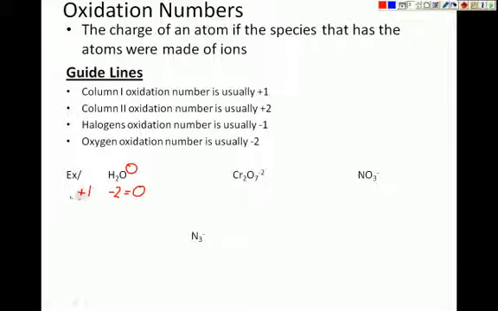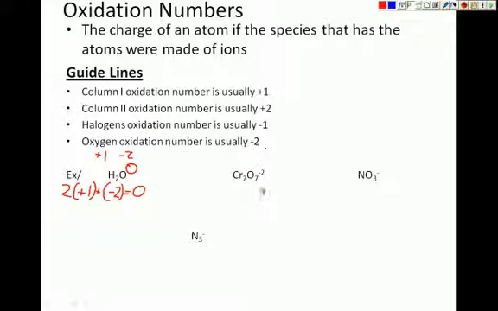There are 2 hydrogens, and each one has a charge of +1. So we add that up to our charge of oxygen, which is -2, and we see that it does equal 0. So the oxidation number of oxygen here is -2, and the oxidation number of just one of the hydrogens is +1.